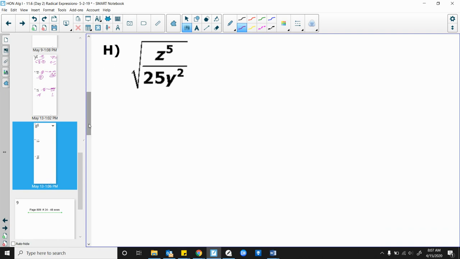Z to the fifth over 25y squared. There's nothing to simplify first, so we can't do that. So I'm going to go ahead and take z to the fifth over square root of 25y squared.